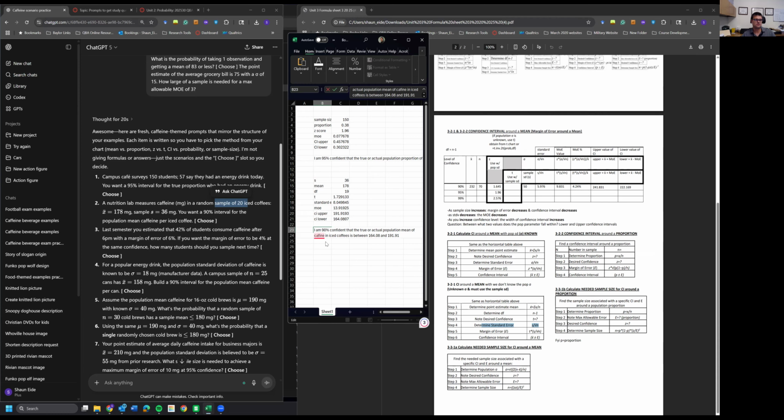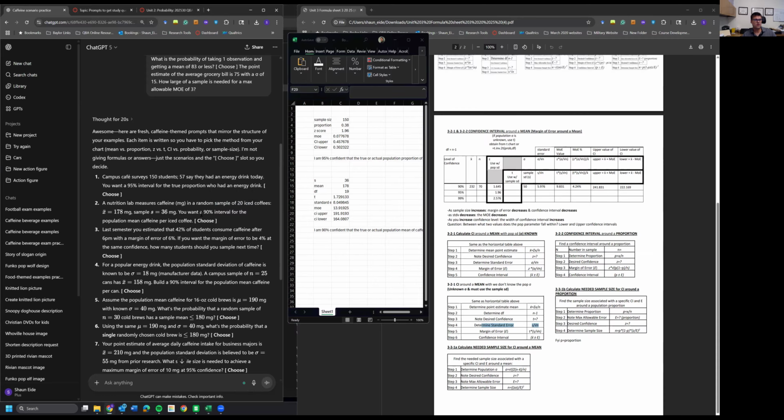Okay, and yeah. So next, and the key there was, hey, we only have a sample standard deviation, and we're looking for a confidence interval around a mean.